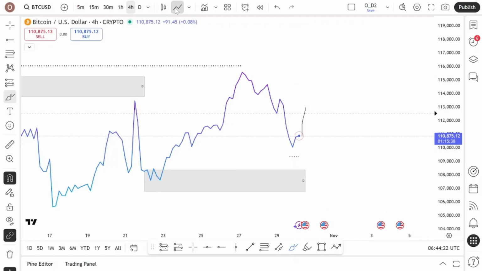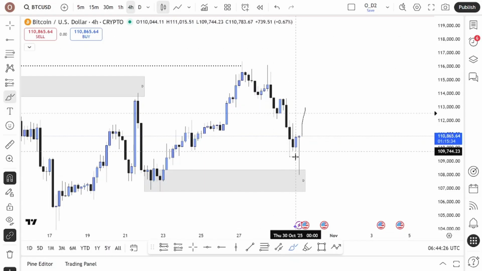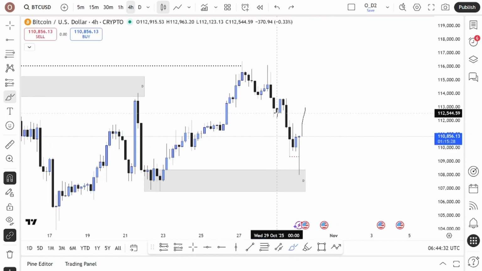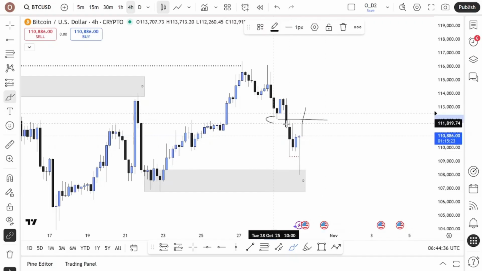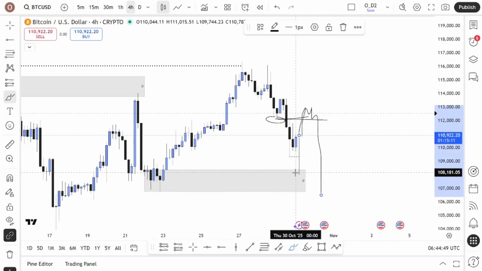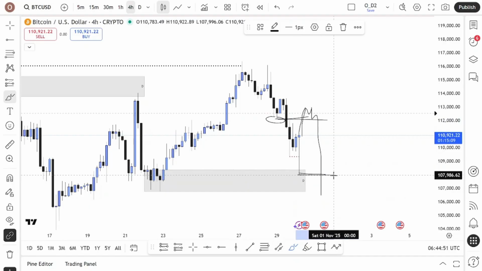Now, when we do it like this, you can understand why. Okay, so it needed to close to take this level. So what I'm going to be looking out for is price coming into this level here. That is this low, coming to retest that level. Then if we are respecting here and we have something like this, I can sell back to the downside to clear that low.